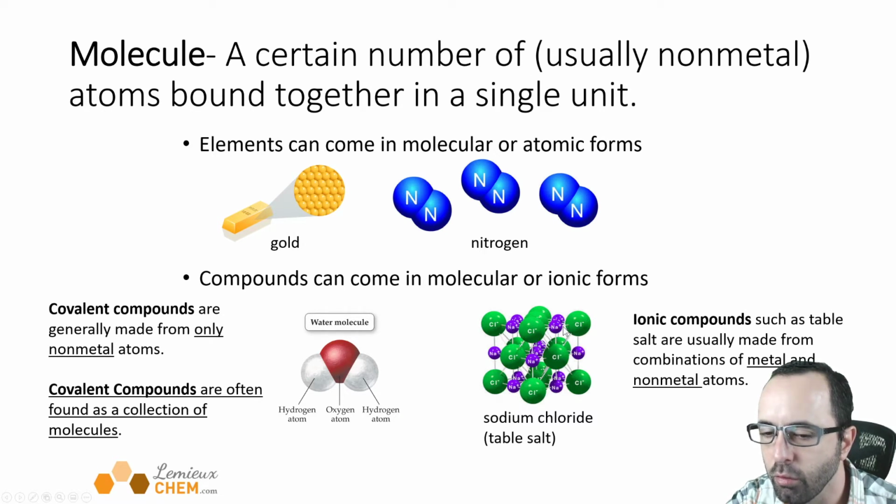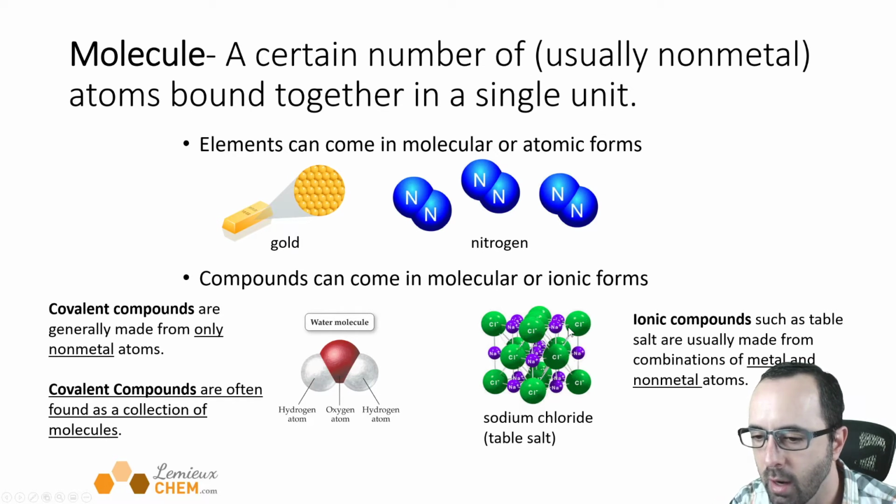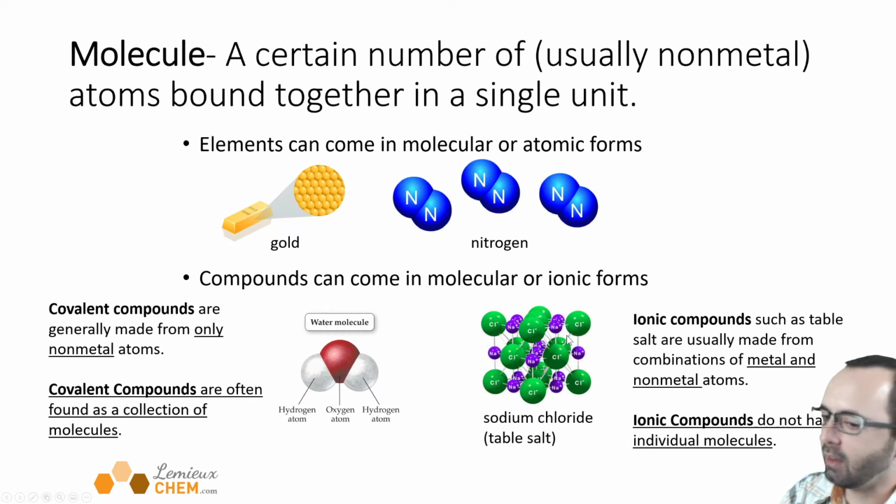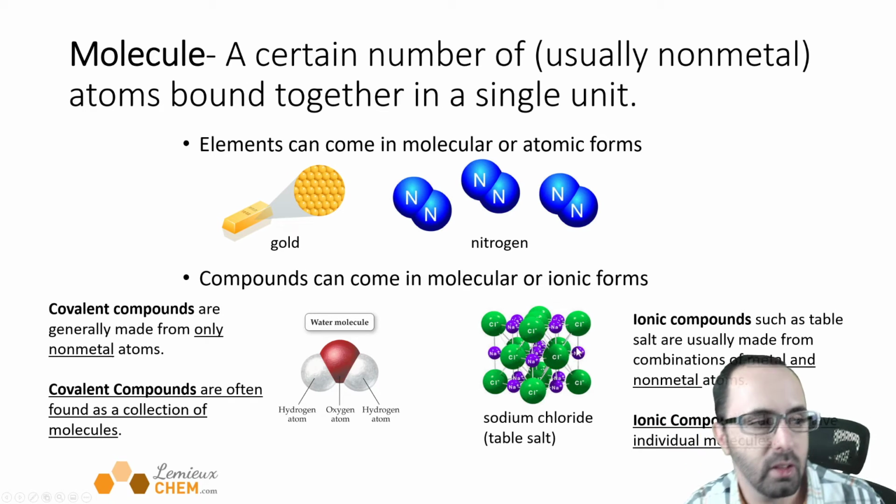We're going to call this attraction between positive and negative electrostatic attraction. That's going to be the name of it. And this electrostatic attraction is quite strong. So what you find is that these ionic compounds do not have individual molecules. They come in this big block that you see here.